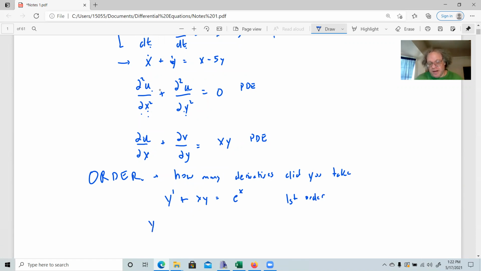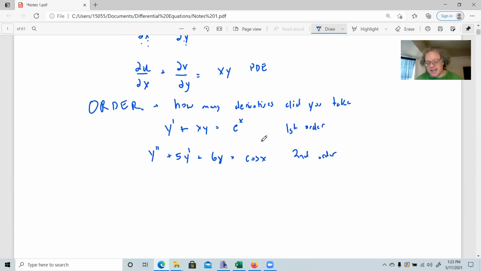Okay, y double prime plus 5y prime plus 6y is equal to, how about a cosine? This would be a second order. We took two derivatives. Okay, that's all there is to that, so that's not so bad.